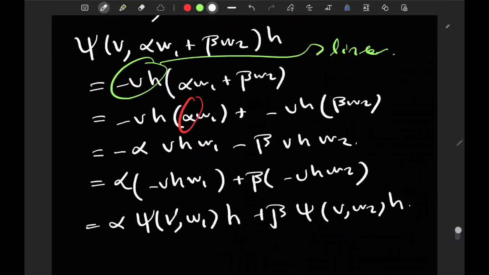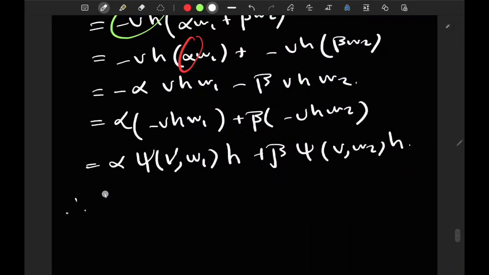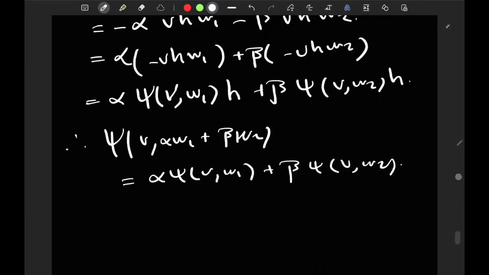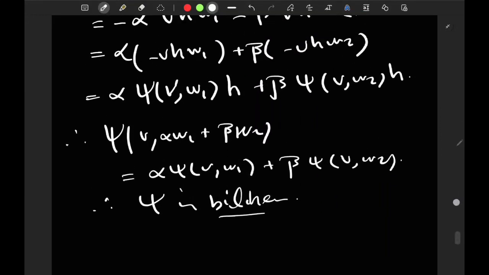Okay, and this implies that psi of v, alpha w1 plus beta w2, is just alpha psi of v w1 plus beta psi of v w2. And therefore psi is bilinear, because you can replicate the argument for the v variable, with v being variable and w being fixed. Okay, so psi is bilinear, in fact.